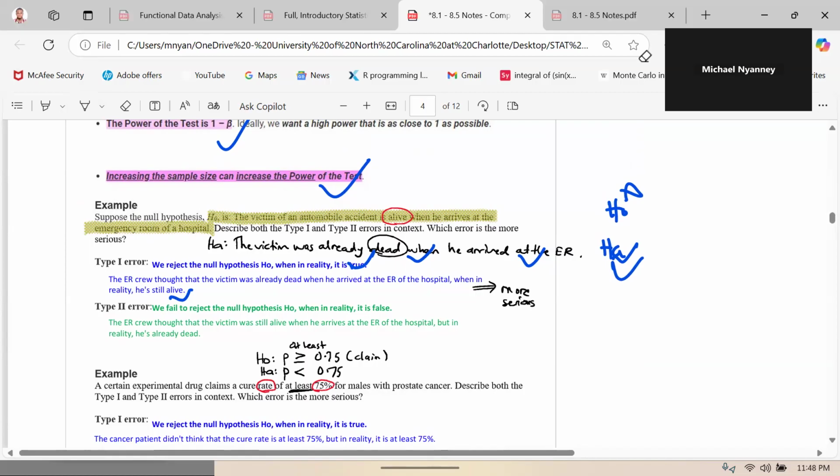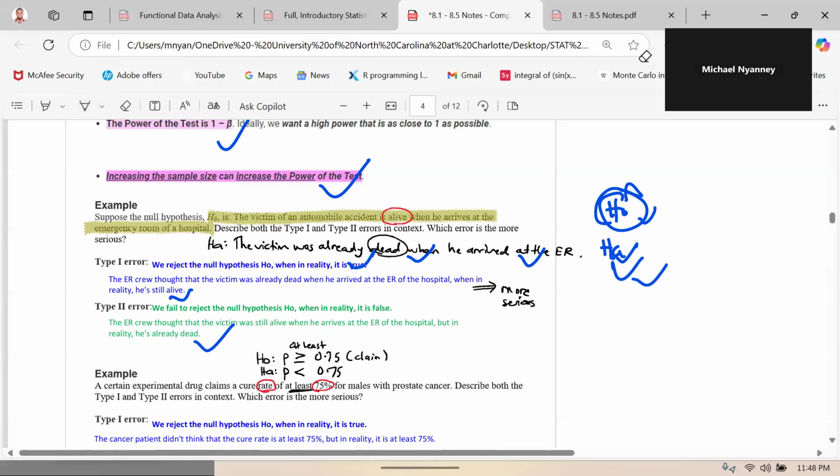Meanwhile, in reality, the person is dead. So that is a type 2 error. We fail to reject H naught, meaning we are certain of it, while we should be rejecting it. So we think this, meanwhile it should be that. That is the type 2 error.